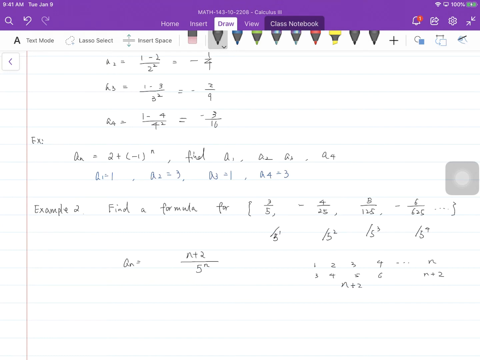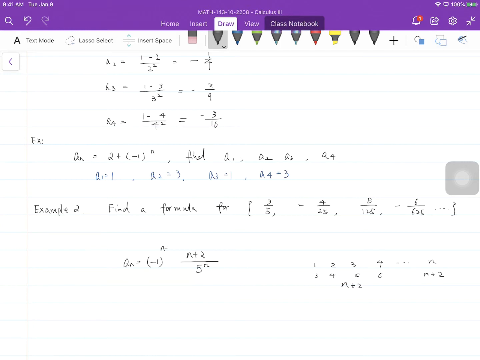Now let's take a look at the sign. We haven't dealt with the sign yet. It's positive, negative, positive, negative, right? So that means it's going to be -1 to some power. And the first one is positive, and n starts from 1. If we put n here, the first term will be negative, so we cannot do that.